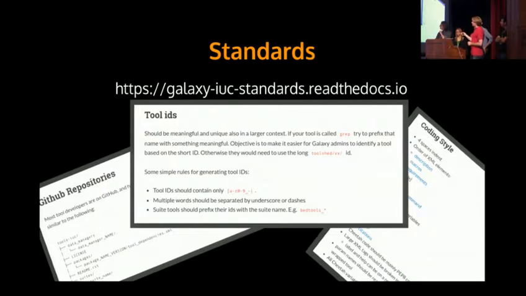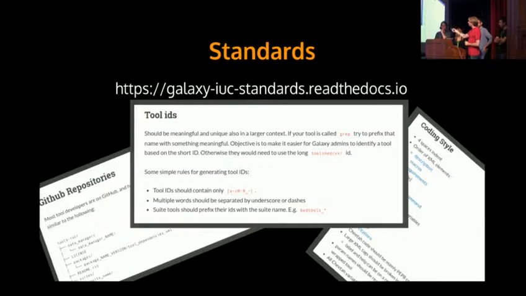Talking about standards, we have a repository, Galaxy IUC standards, on Read the Docs, where we collected all of these. And we highly recommend that you, if you are a tool developer, visit these websites. We try to update these guidelines as the user interface in Galaxy changes, as we see new difficult problems popping up.